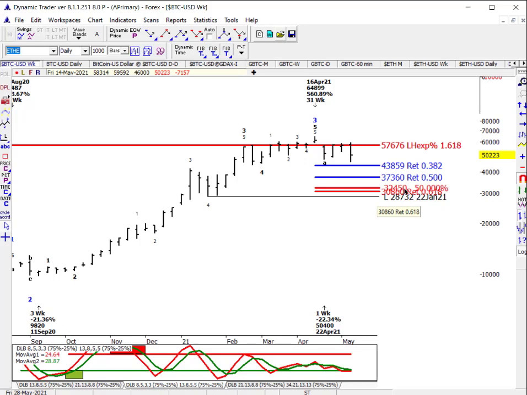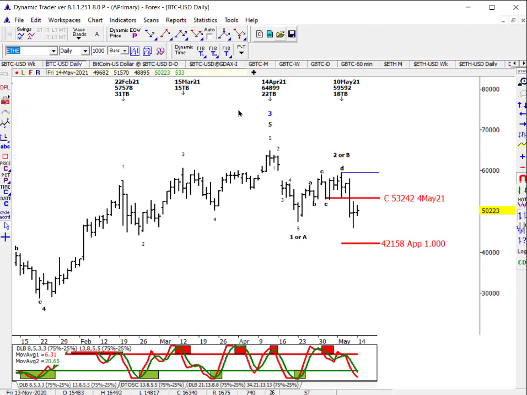I would be looking at somewhere from 37,000 down to 30,000 as the more probable target zone. We'll update that in the weeks to come, but this is the most pure and simple Elliott wave pattern analysis you're probably ever going to see. So more than likely, continuation decline in Bitcoin.